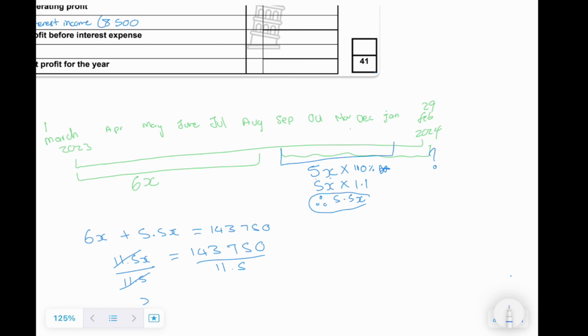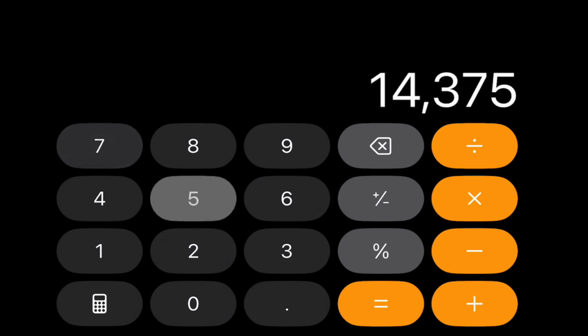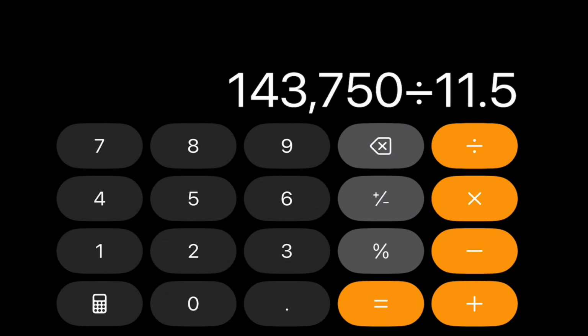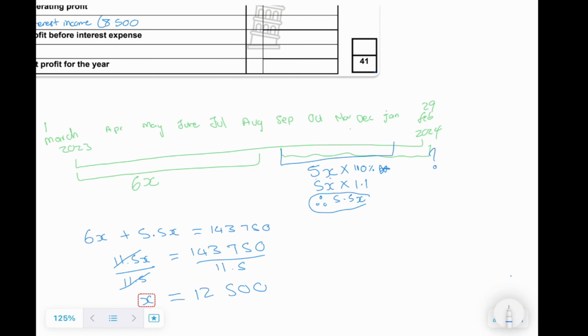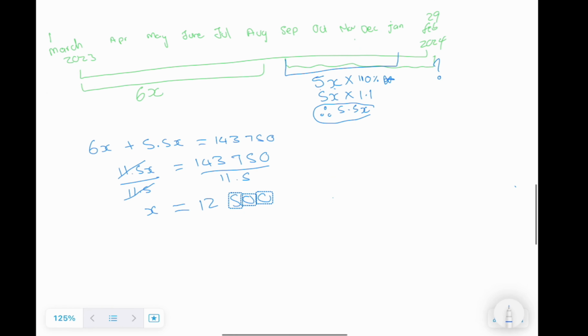So this side you're left with the x, and on the right hand side 143,750 divided by 11.5 is 12,500. So we finally found our x amount of 12,500.